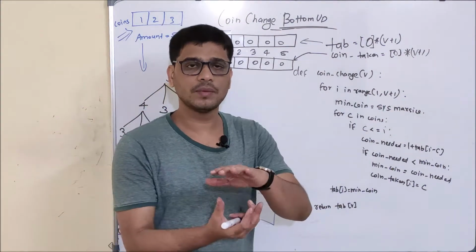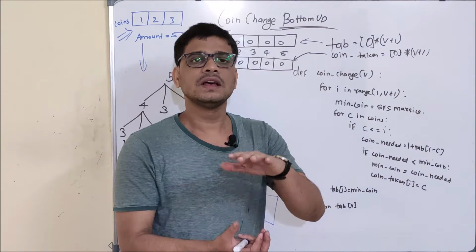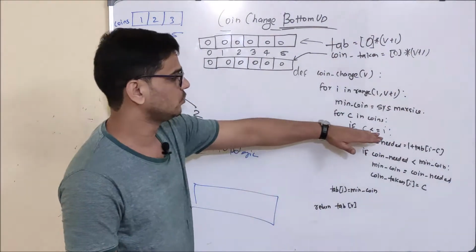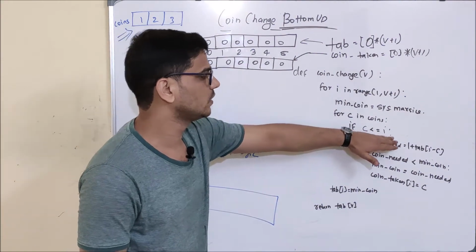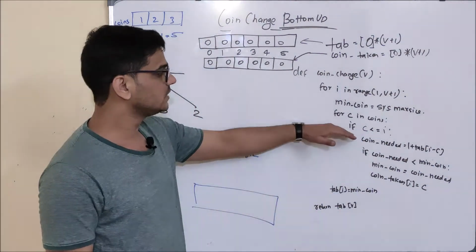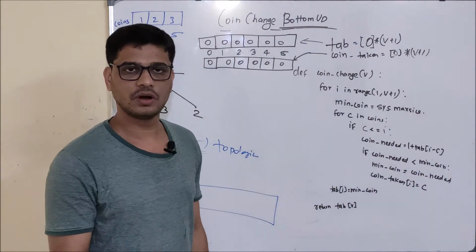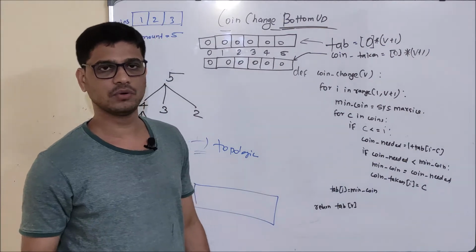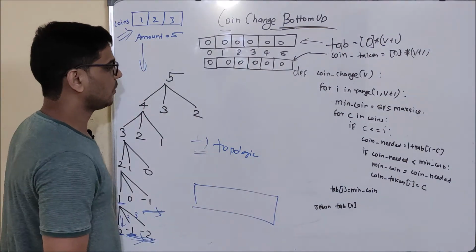That is, whenever my amount is smaller than my coin, we are not going to take it, which I am doing here. That is, coin is greater than i. What is i? i is the amount. And this is one change I have made from the top-down program and recursive program.